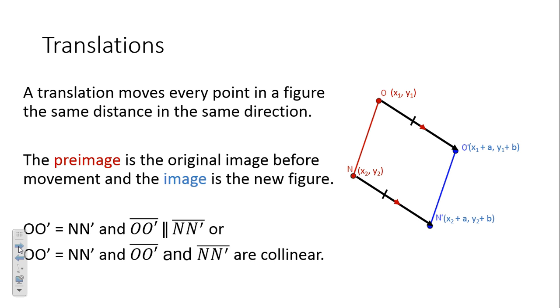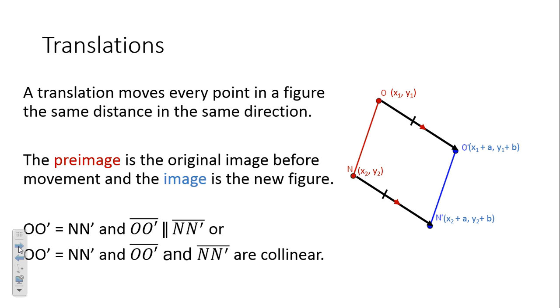Everybody good? So your translation is moving every point from one place to the new location, same distance, same direction.